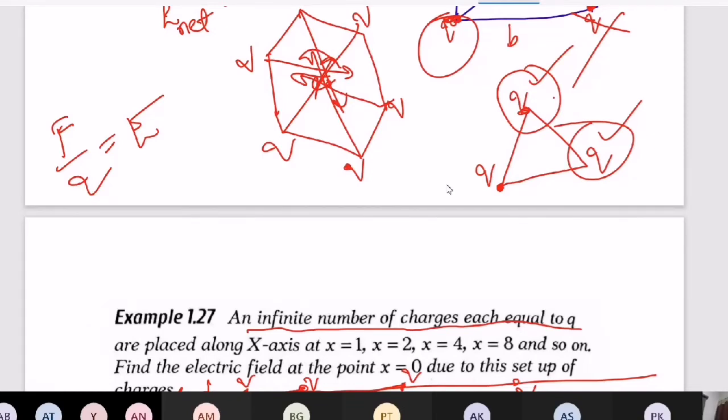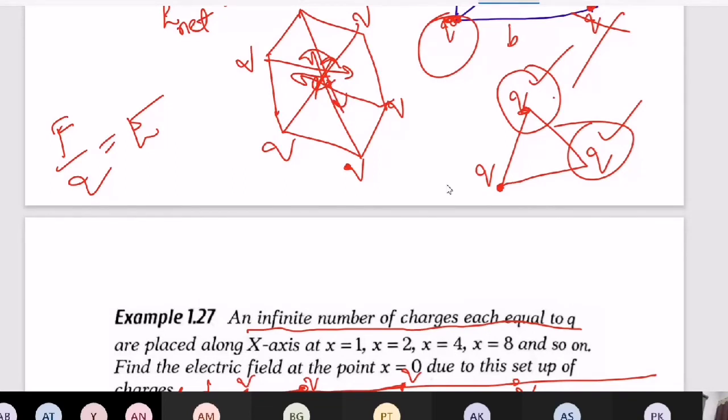But one more truth is, you have already studied these questions in gravitation. There you keep masses at the corners and find the gravitational force and gravitational field. But in this chapter you will study electric force and electric field. The major difference is that in gravitation it is always an attraction force, but here repulsion or attraction, both exist.